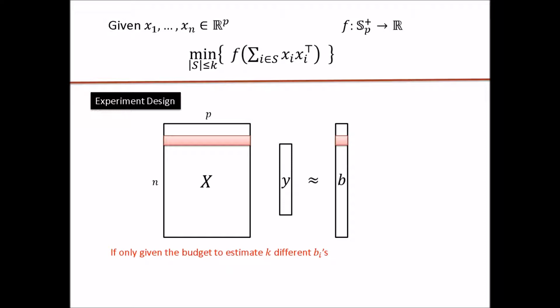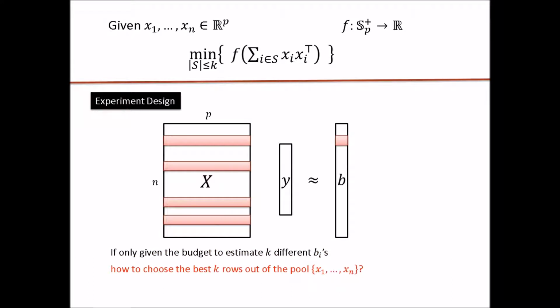Once you have the corresponding b_i's for those k rows, you can do a regression on that submatrix, only with respect to the observed entries of b. This turns out to be very important. But so far, I haven't defined what I mean by the best k. How could I decide if the first k rows is a better choice than the last k rows, for instance?